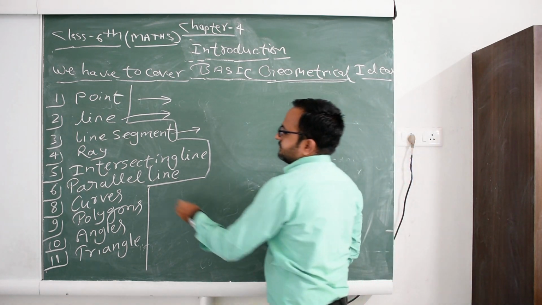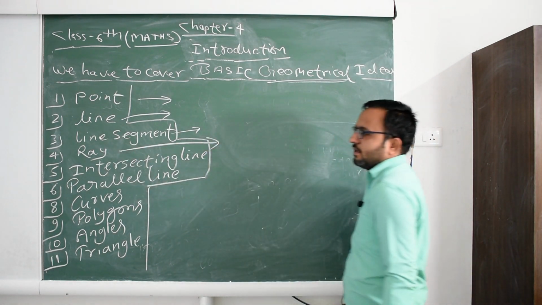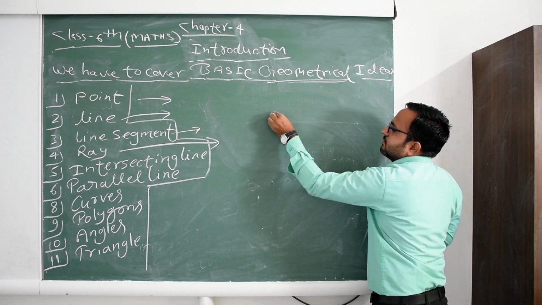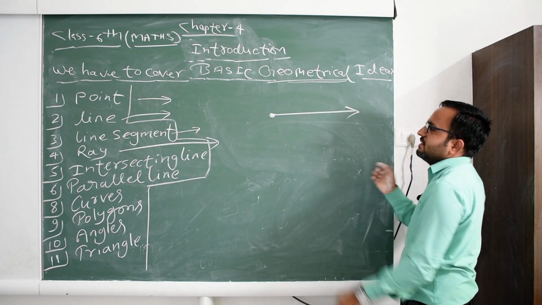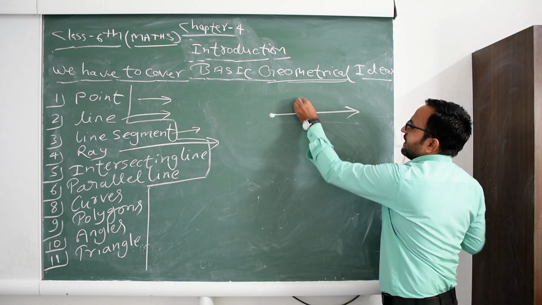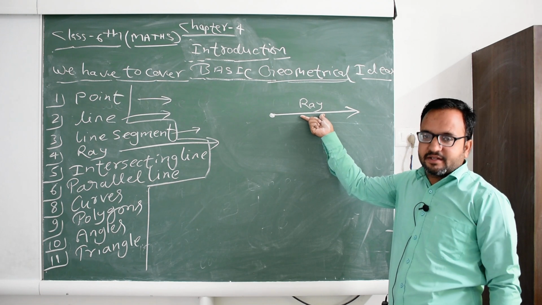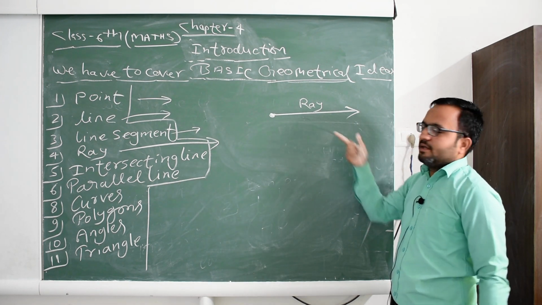Now we discuss ray. First, how to denote it: this is a ray, that means any type of sun rays. So what is the quality of this ray?